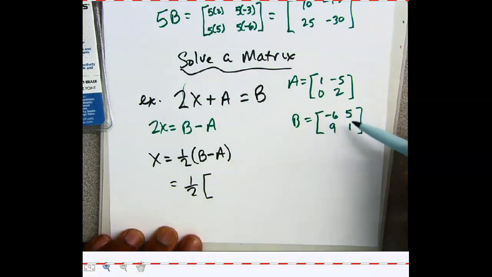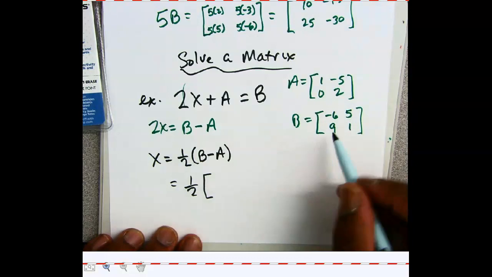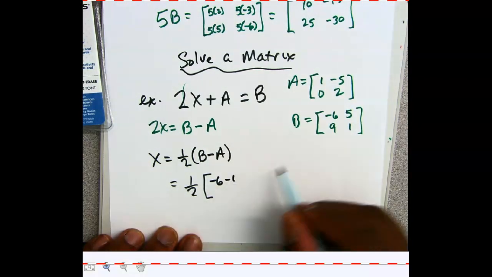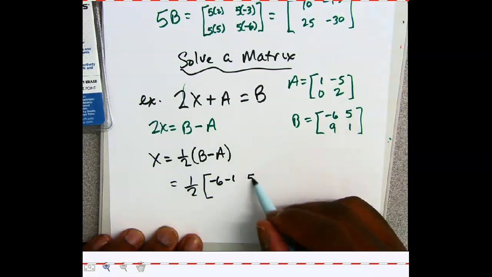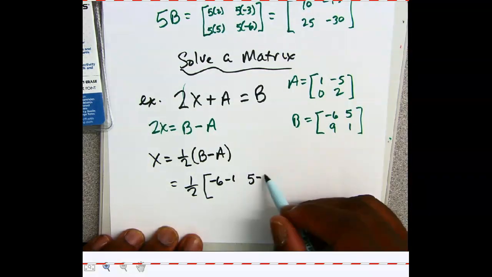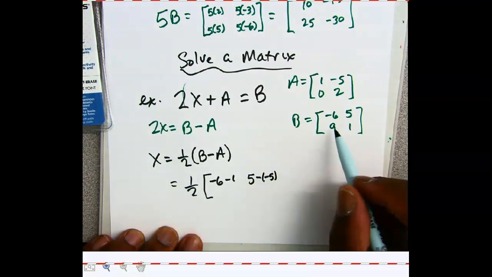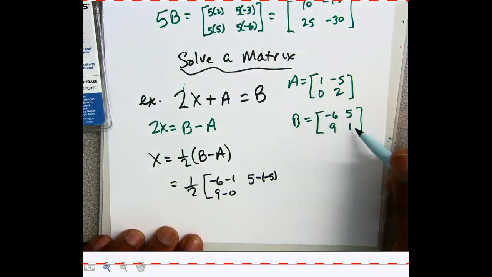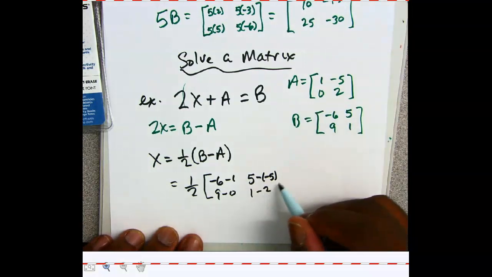So here's A and B. So that's going to be -6 minus 1, 5 minus a -5, 9 minus 0, and 1 minus 2.